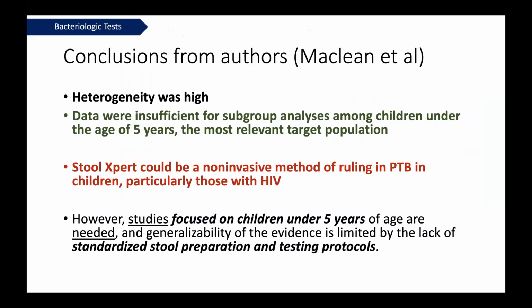We know these are the children who are really at risk. Being a non-invasive method, it could be used to rule in TB, especially in those who have HIV. And again, most of this research calls for standardized approaches as you prepare the stool testing protocols so that they can be more generalizable, and calls for more research to be focused on children under 5.